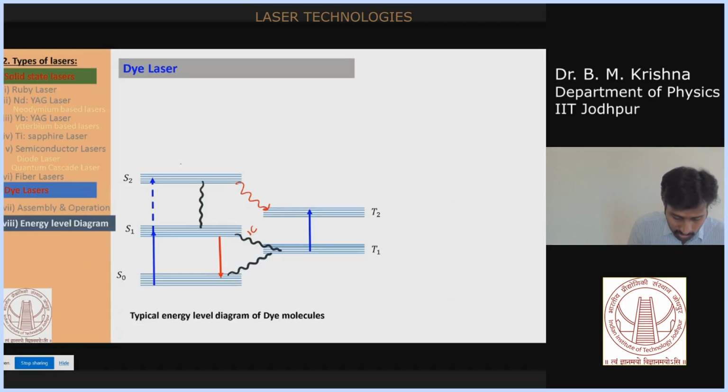So these are all singlet states, and you have triplet states. Now you have a transition from singlet to triplet state. If electrons are transferred to triplet states and these triplet states are populated, then it can have absorption. This absorption is also a kind of excited state absorption, because T1 and T2 are also excited states.